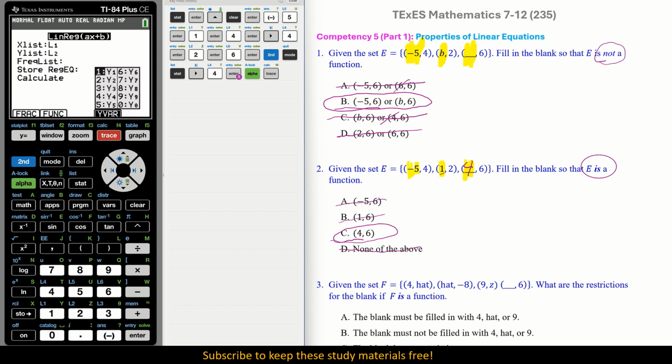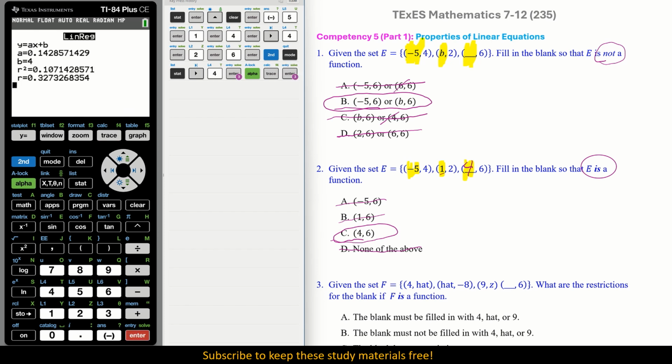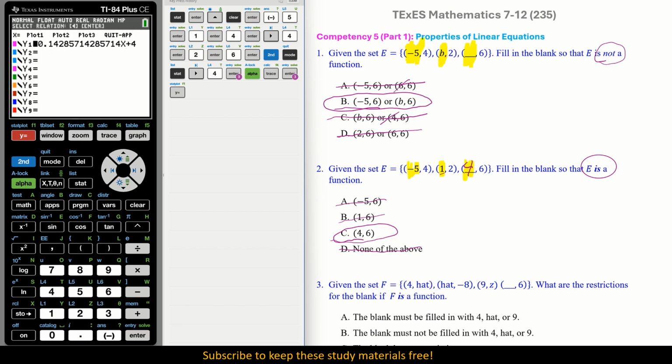So it'll save it in my graphs under the Y1. Let's push enter and enter and enter again. That doesn't make a good regression. We need that to be close to 1. It is not. So let's look at our graph. We're trying to make it linear, and it's not linear.